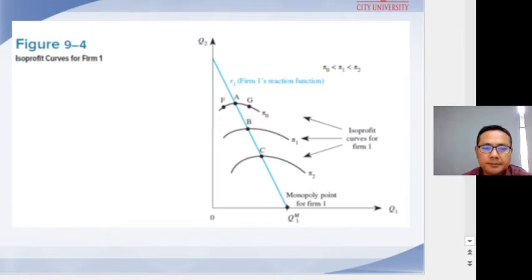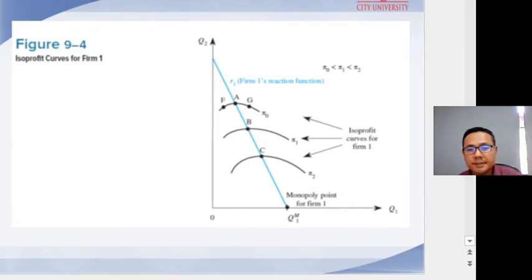The basic tool used to summarize the profit of a firm in Cournot oligopoly is an isoprofit curve. An isoprofit curve defines the combinations of output of all firms that yield a given firm the same level of profit. In this figure 9.4, you can see the isoprofit curves for firm 1.